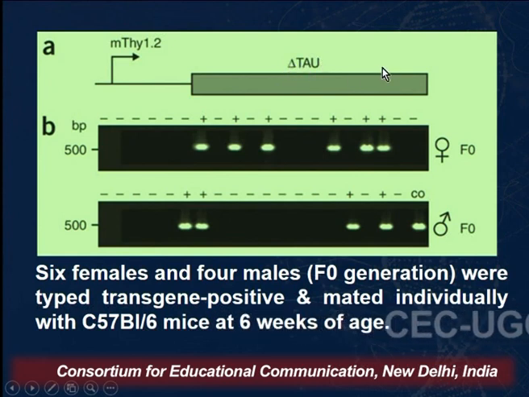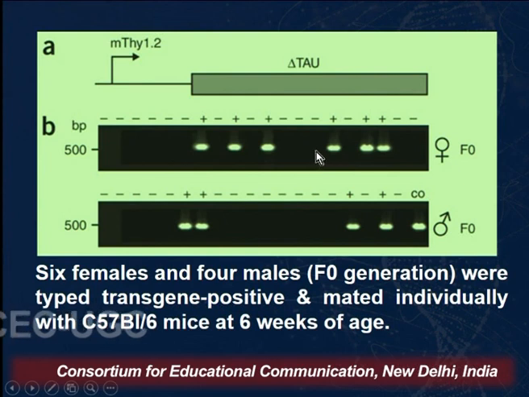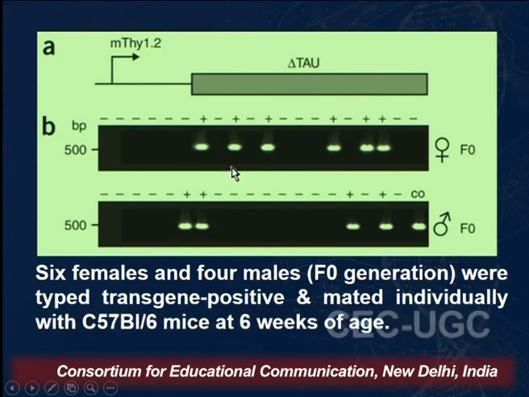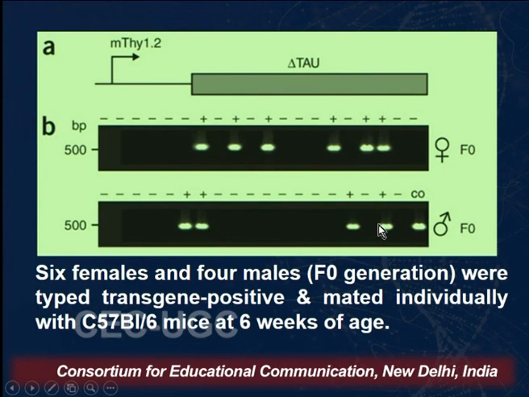And after 21 days you do the genotyping by taking the tail biopsies and amplifying with primers designed to amplify this delta tau gene. And as you can see, among the 20 females and the 19 males, 6 females and 5 males gave positive amplification.